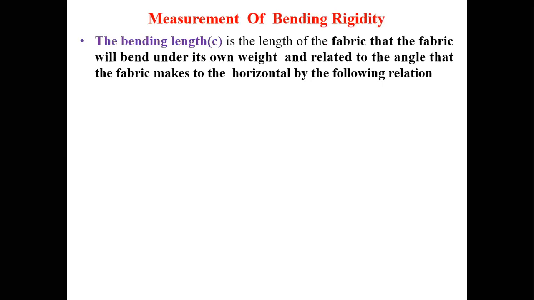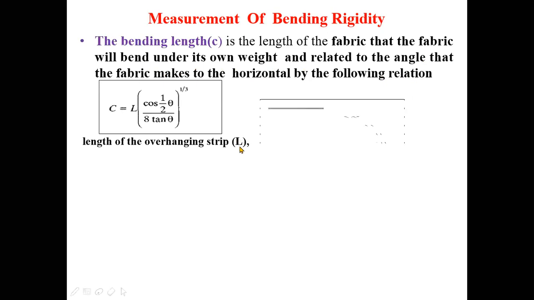The bending length is the length of the fabric that will bend under its own weight, related to the angle that the fabric makes to the horizontal. The bending length C and the hanging length L are related by a complicated function.